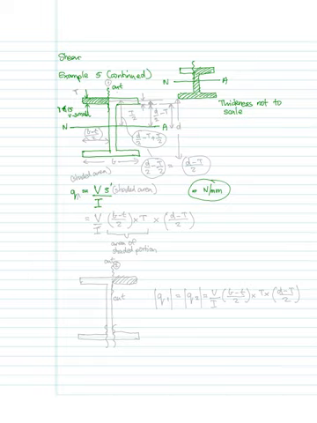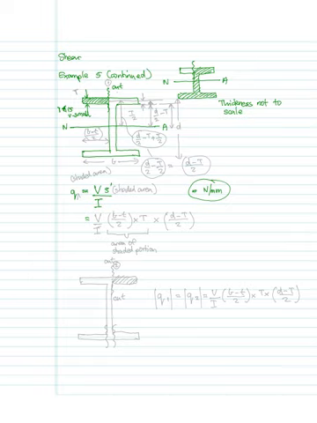So to work out the equation for the shear flow at that cut, we're going to be calculating the section properties. So we're going to be calculating the area using the dimensions.